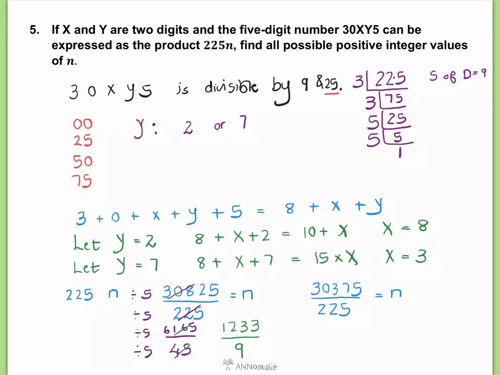Now, if I look at the sum of the digits, 1 plus 2 plus 3 plus 3, that will give me 9. So top and bottom is definitely divisible by 9.